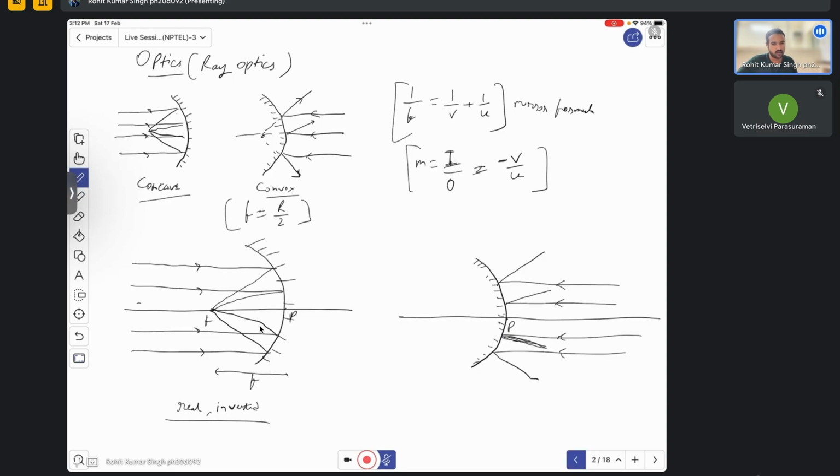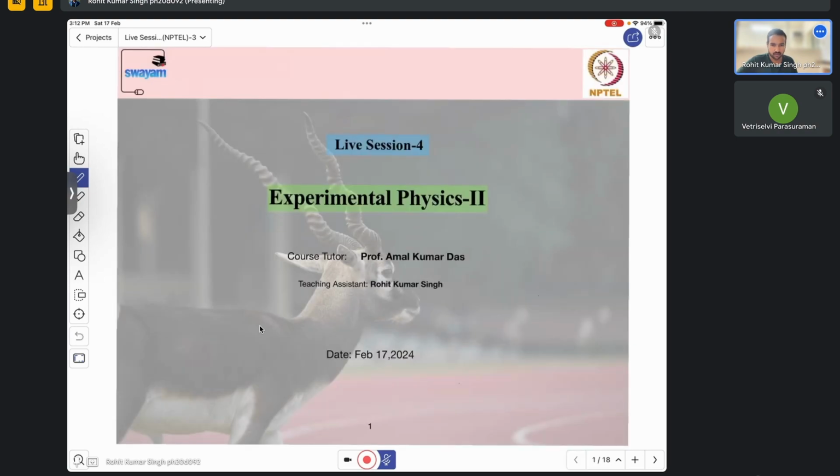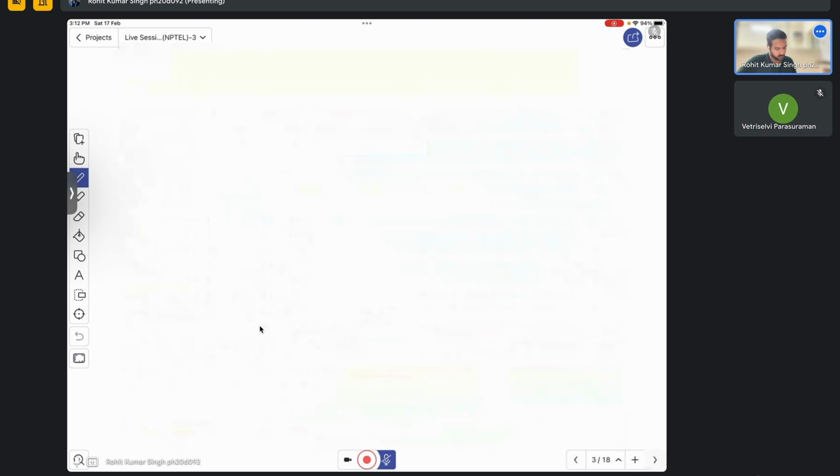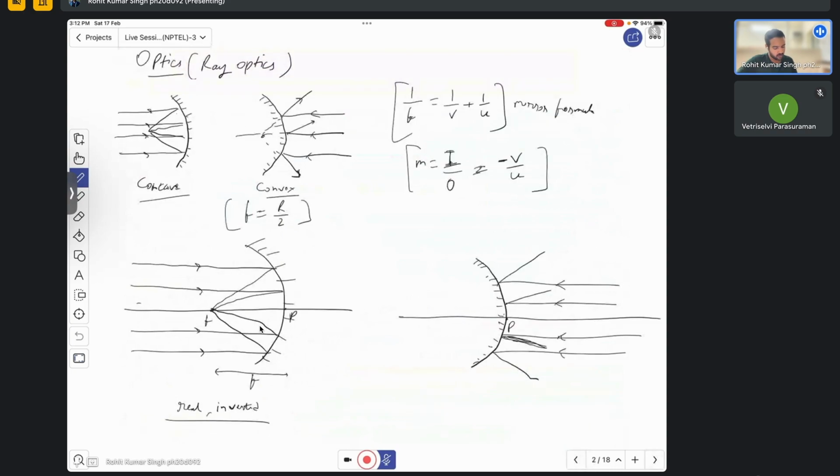To find the image formed, we have to backtrace like this, and then we find the focus of this mirror.